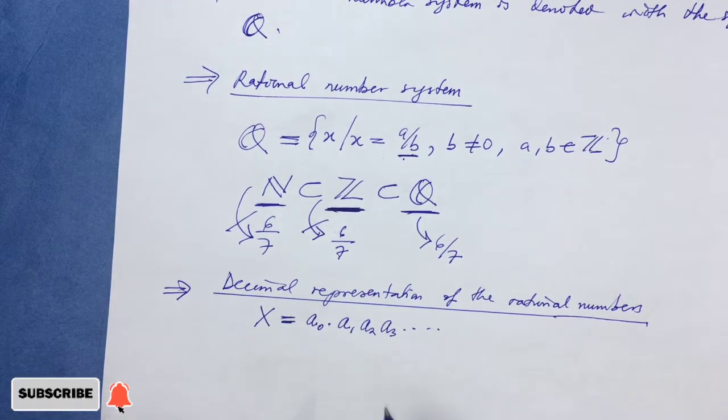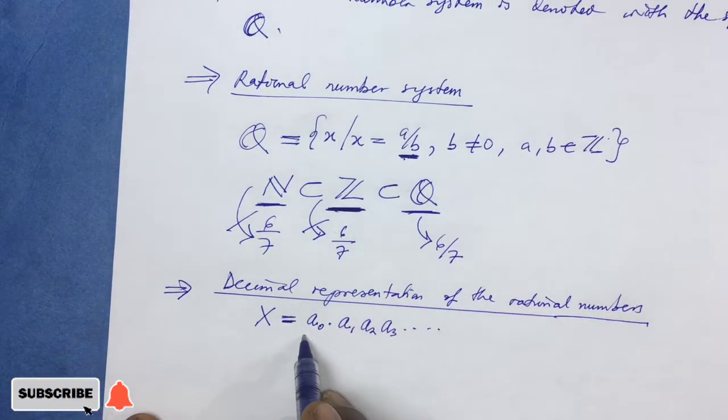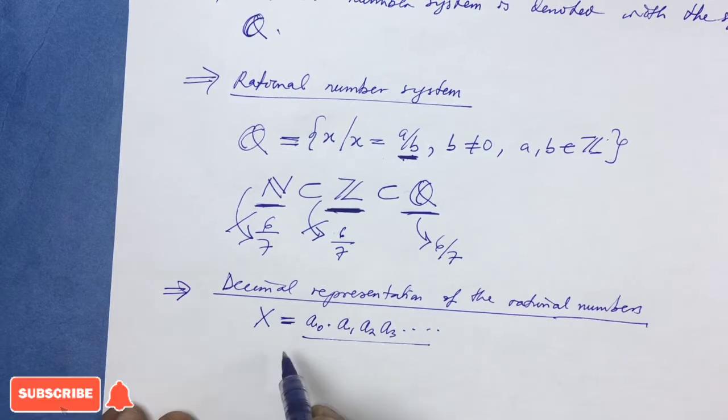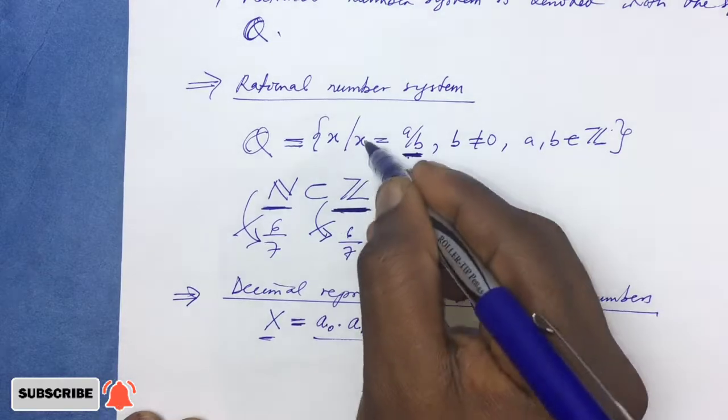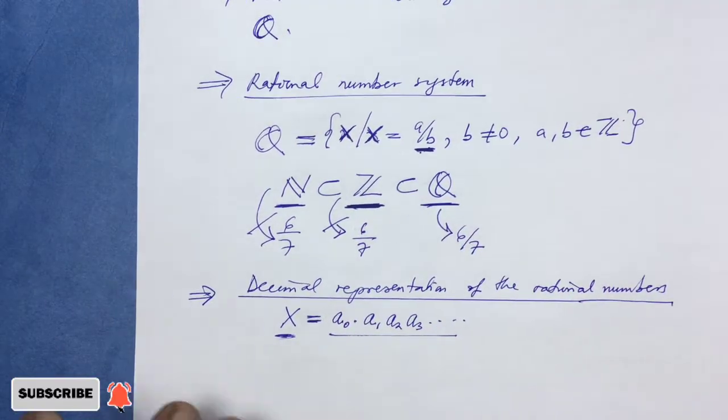So it is possible to represent this fraction a over b in this form. It is possible to express a rational number as a decimal, and to do that means to write this rational number in this form.